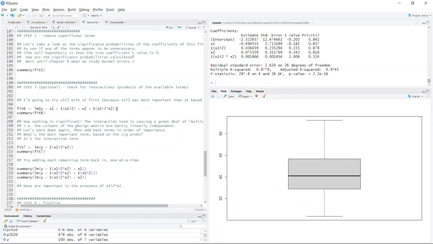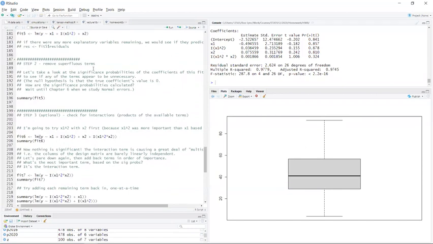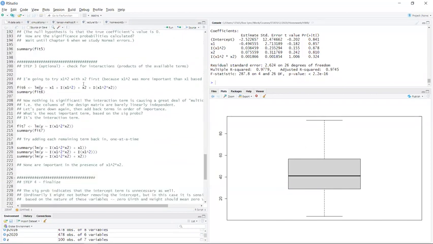Then there are a lot of different possibilities for what combinations to check. If you've kept 10 terms from your first step, it may be quite a burden to check for interactions, and I might not even bother, depending on whether it's worth the time and energy. Depends on what you're doing.